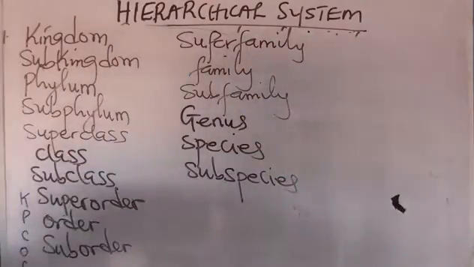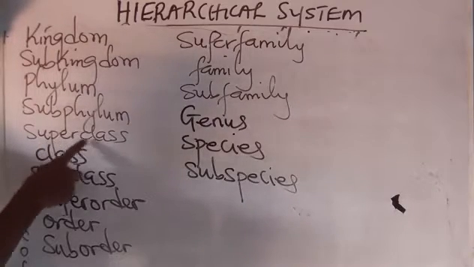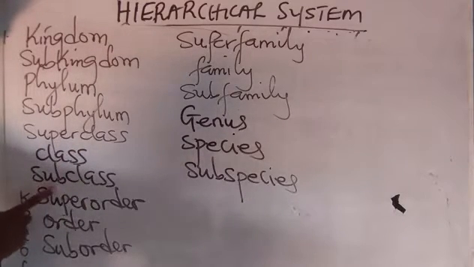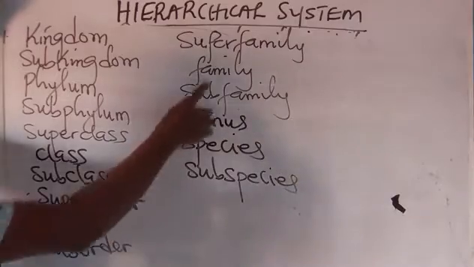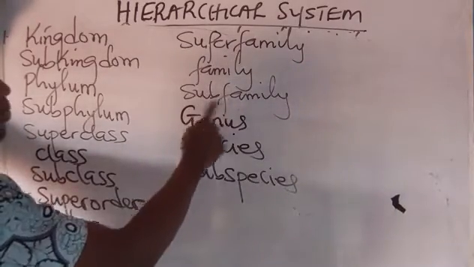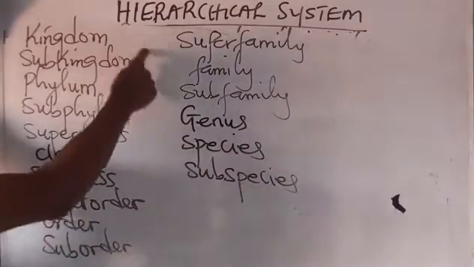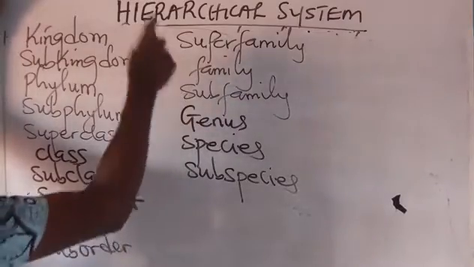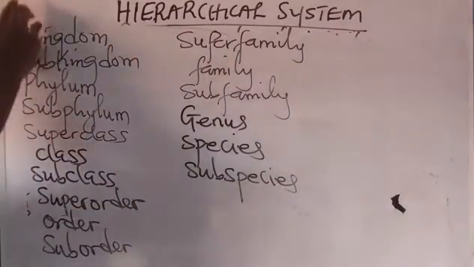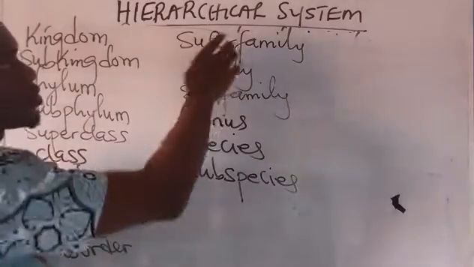So you have kingdom, subkingdom, phylum, subphylum, superclass, class, subclass, super order, suborder, superfamily, family, subfamily, genus, species, and subspecies. 1, 2, 3, 4, 5, 6, 7, 8, 9, 10, 11, 12, 13, 14, 15, 16. So what I've just done is the Carolus Linnaeus hierarchical system.